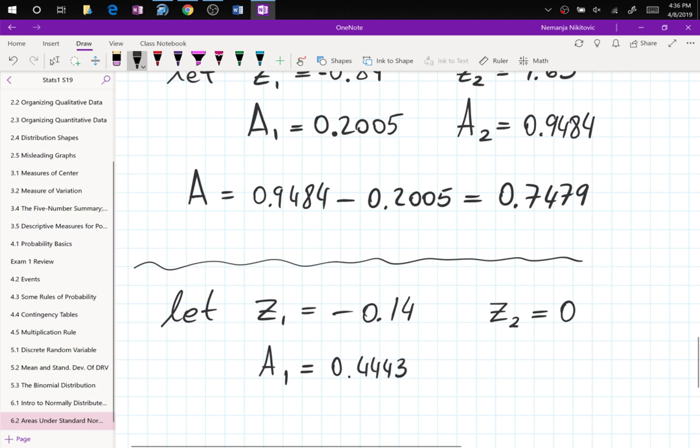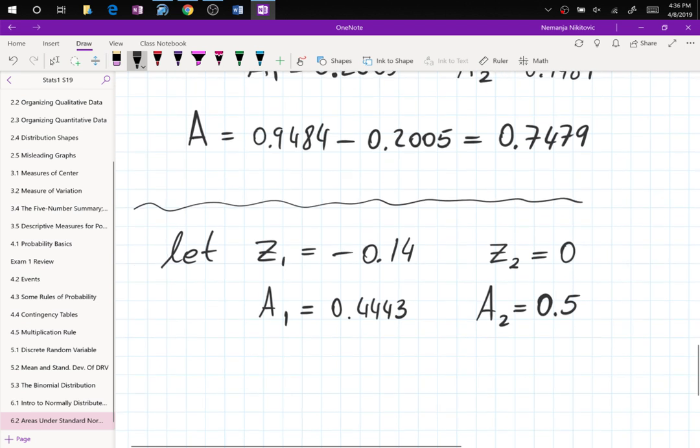Four. 3 4s and then a 3? All right. And what's A2? Has to be 0.5, right? 0 is in dead center. 0 is in the dead center of the chart. That's the z-score of 0.